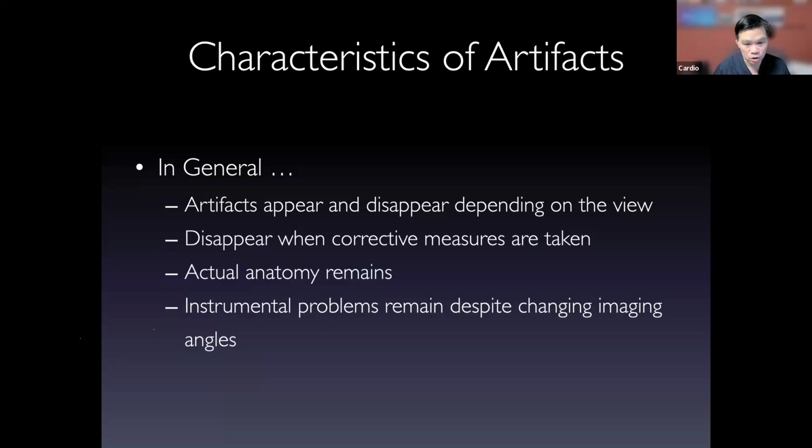Okay, so then there are also instrumental problems that will remain despite changing imaging angles. For example, way back when, we would have crystal problems on the probe. One line would completely disappear. You'd be scanning like a fan, but one line would always be a problem. That's an instrumental problem, so you need to talk to your vendor to fix it.